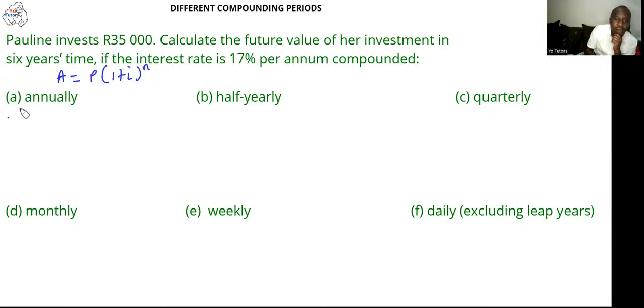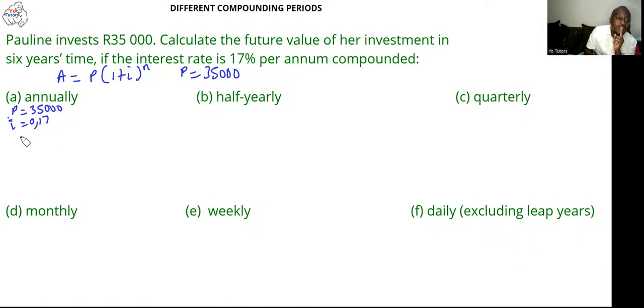For example, here in the first one, our P is 35,000, and P does not change, so we don't need to repeat it again. Our i in this case is just 17%, which is 17 over 100, that is 0.17.